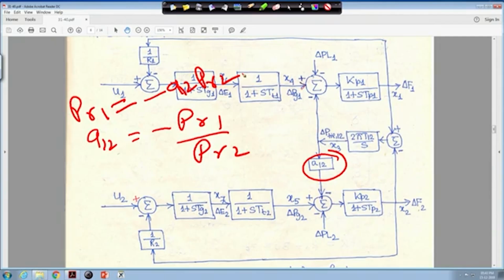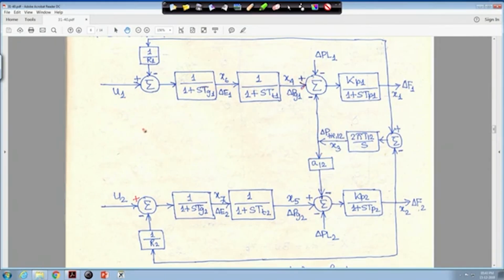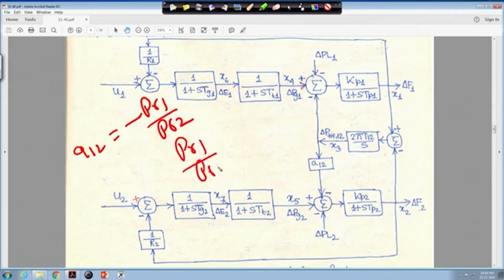Just for example, suppose A12 is equal to minus PR1 upon PR2, and suppose my PR1 upon PR2 is equal to 8.0. This is the ratio.